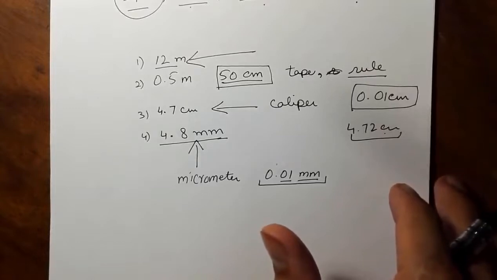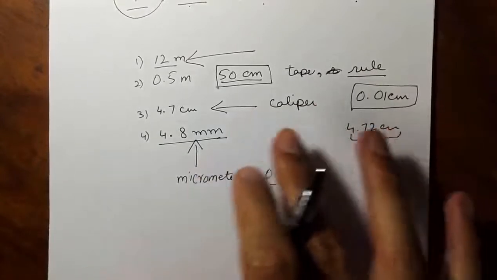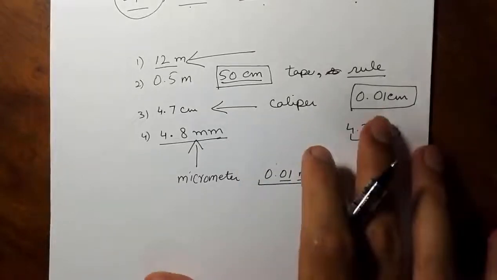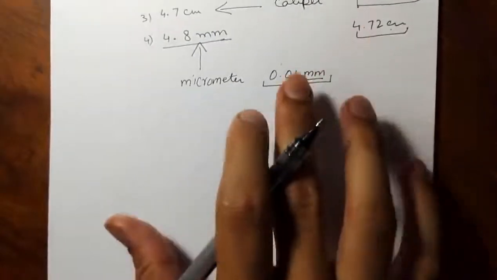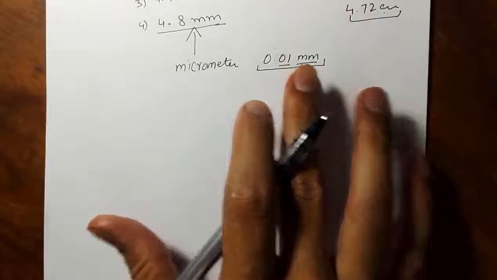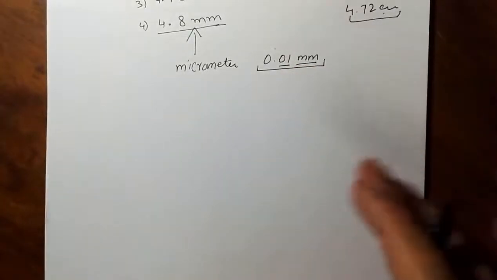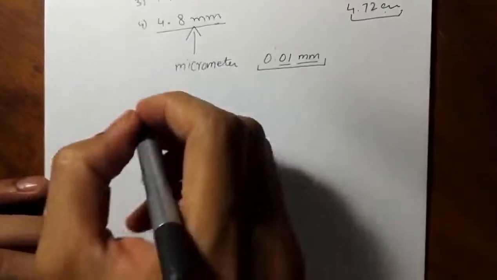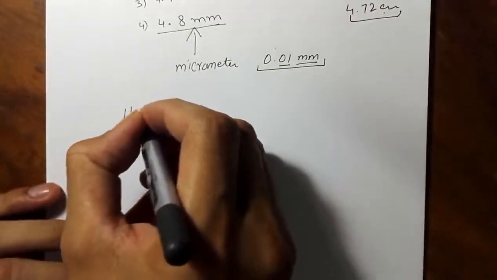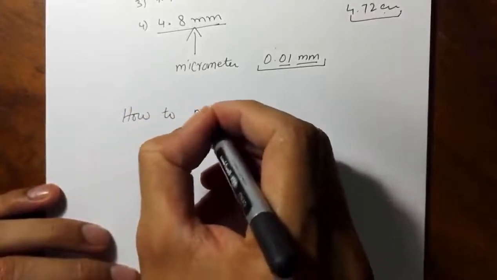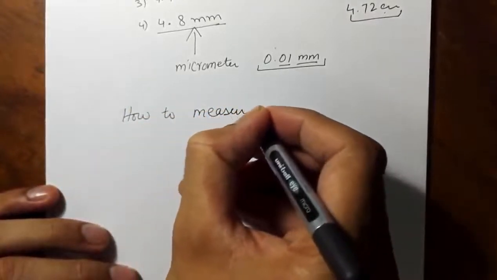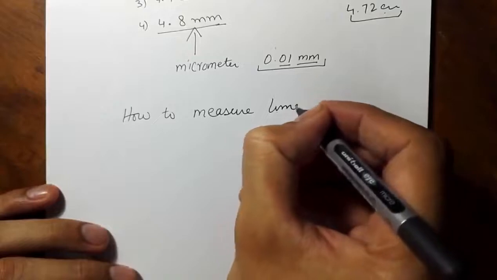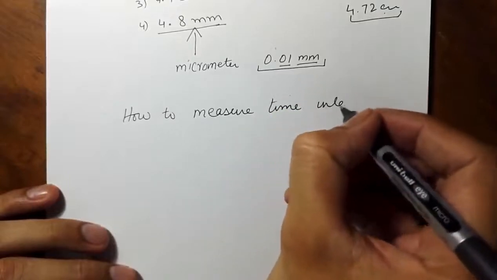Now this was about measuring the lengths. Now I will tell about the methods of measurement of time intervals. How we can measure time. How to measure time intervals.